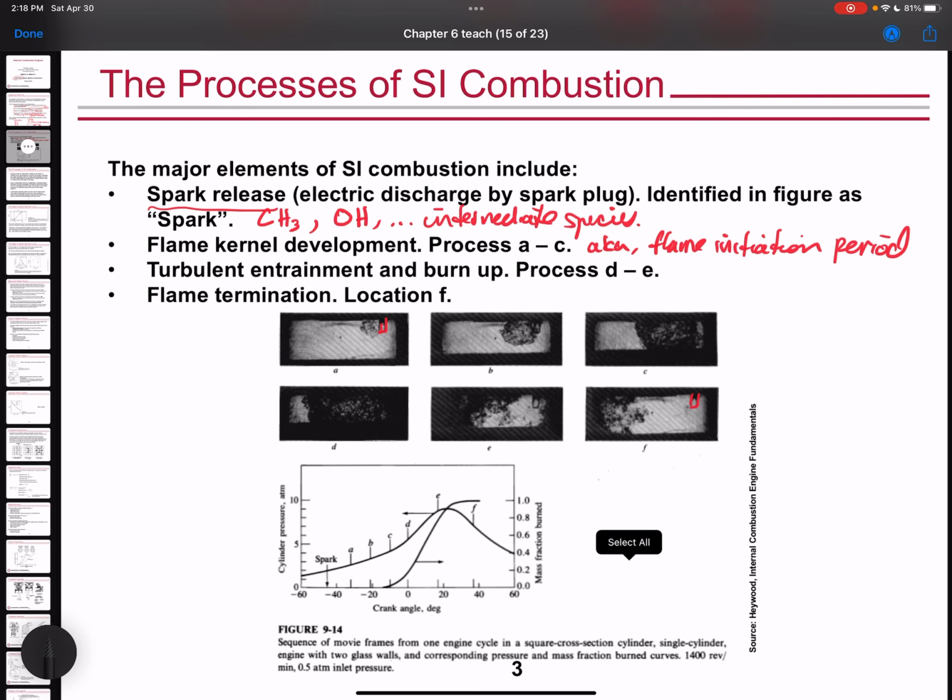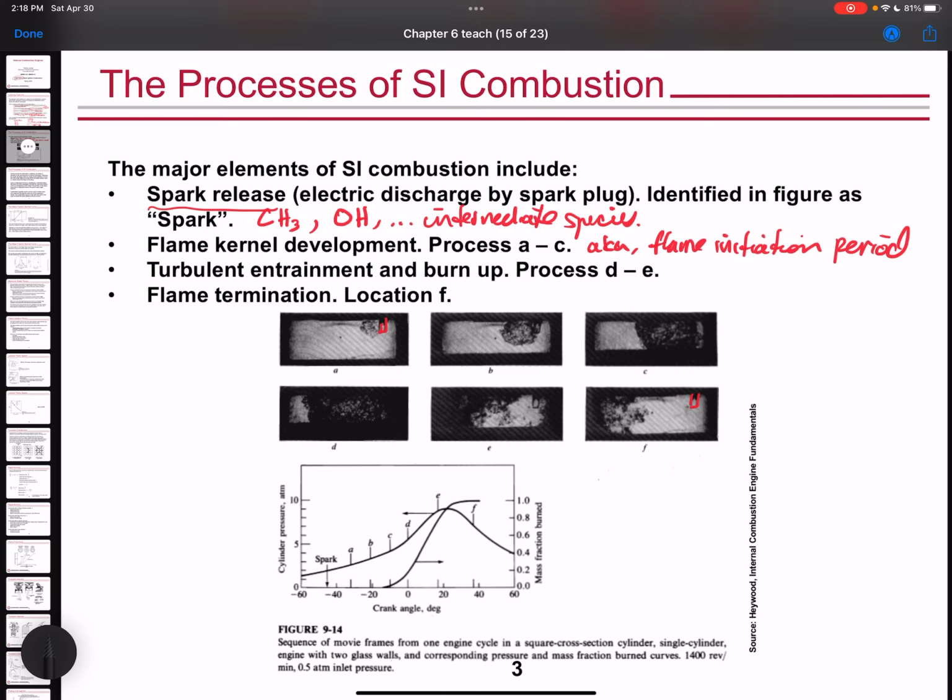Or at least to generate enough of these radical species and these various intermediate species. It takes time for those species to get formed during those chemical reactions, right? And this is literally how much time it takes, going from image A to image B to image C. And on the pressure curve, we're going from, say, somewhere around minus 45 to somewhere around 10 degrees, right?